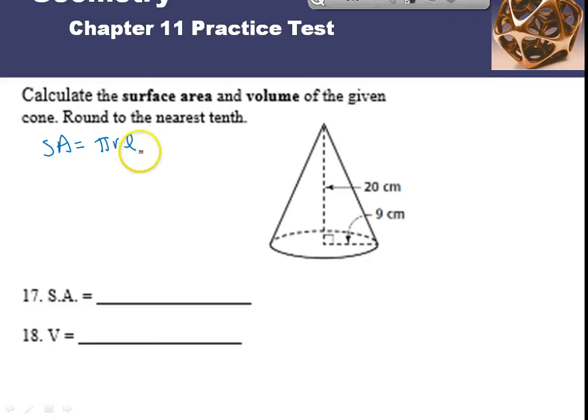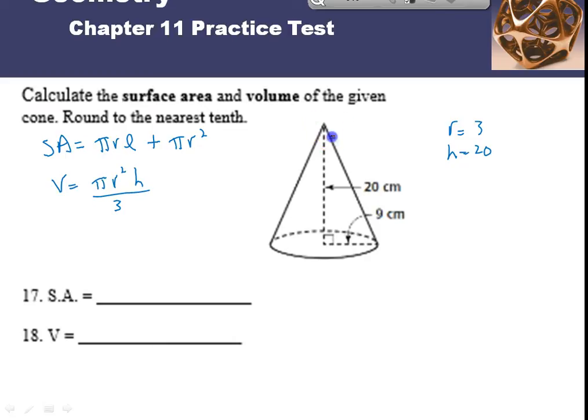I had over 2, it should just be pi RL plus pi r squared, and then the volume is pi r squared h over 3.